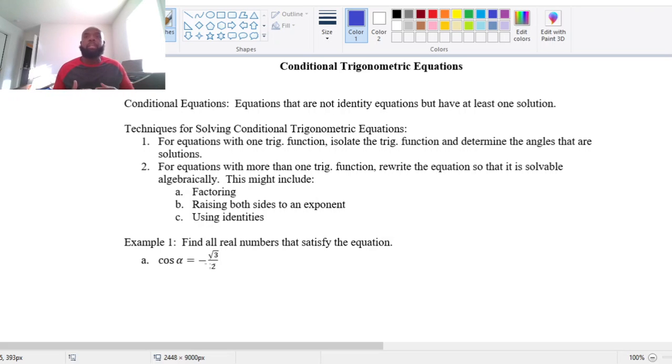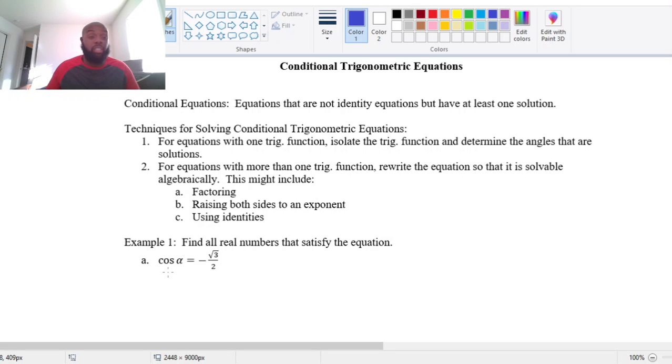Sometimes that means we may have to factor. Sometimes we may have to raise both sides to a power in order to help us solve the trig equation. Sometimes we can use identities after we do all that, or just use identities to simplify the equation to get it to a point where we can reduce it to equations that only involve one trig function. And we're going to see examples of that.